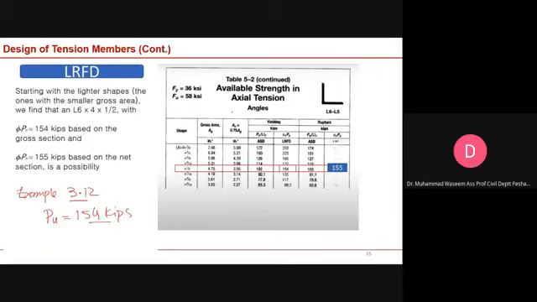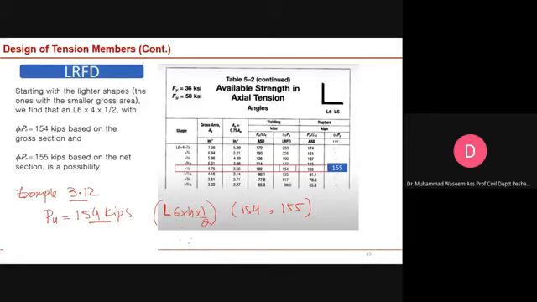Now if you go to that table, we find the shape, an unequal leg angle, giving me a yielding capacity of 154, and in rupture it is giving me 155. These two values are at least equal to or greater than the demand, so you will say, okay, this is the design section.